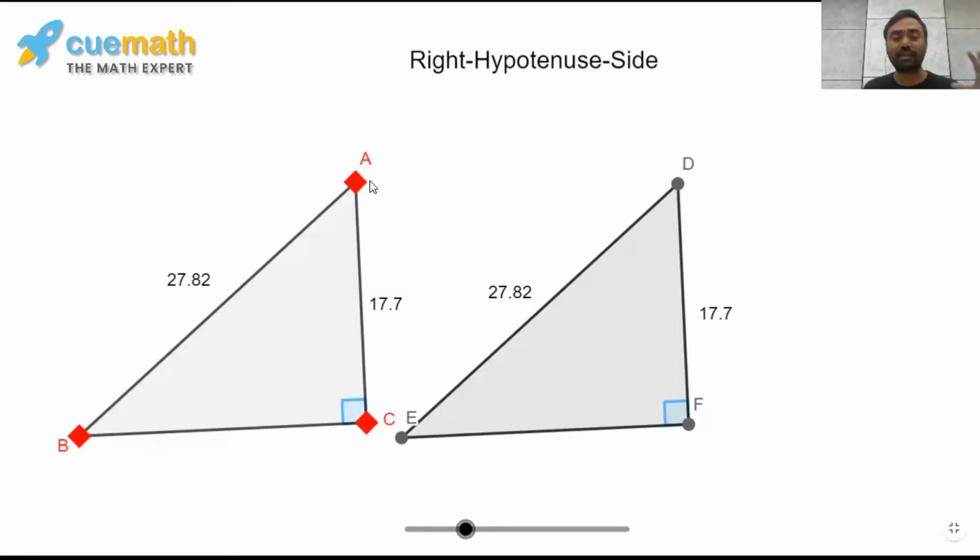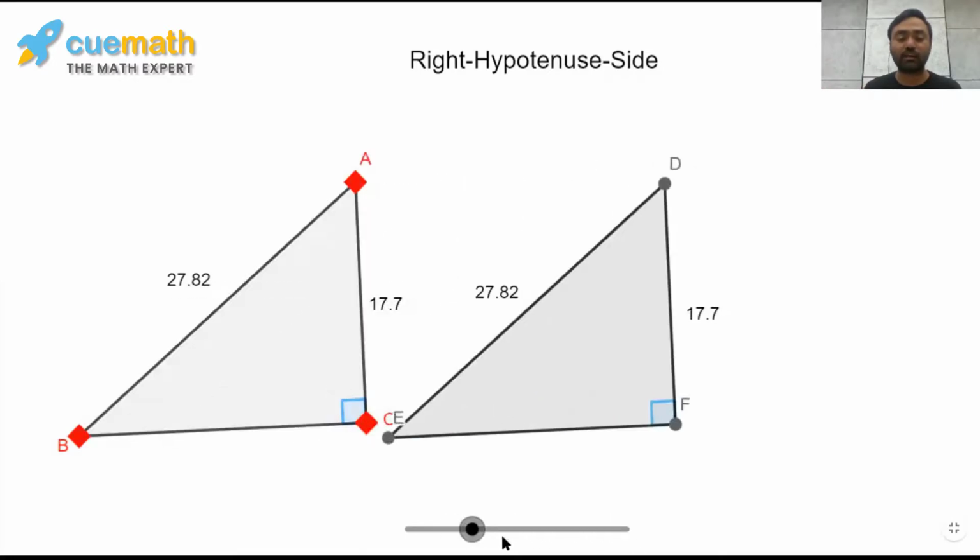Now you see that the length of the hypotenuse is fixed, the 90 degree angle is also fixed, and one of the sides, that is AC in triangle ABC and DF in triangle DEF, is fixed. So if we use the slider, we'll see that the two triangles overlap each other.